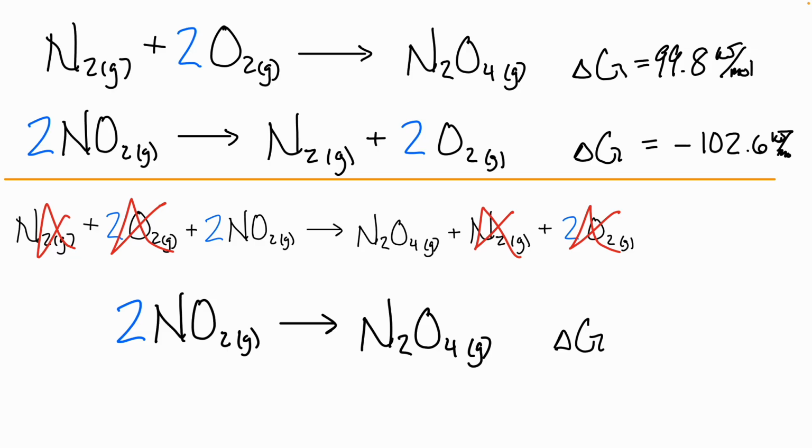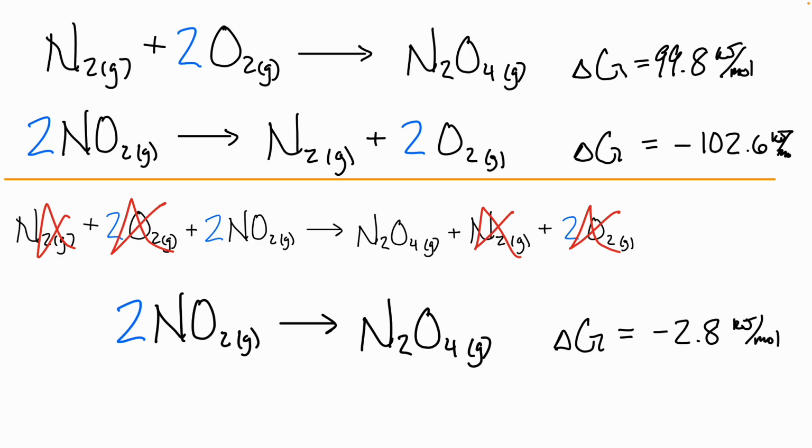And I get a delta G of negative 2.8 kilojoules per mole. So what would we say about this new reaction? Would it be spontaneous or non-spontaneous? Spontaneous, right? Because it's got that negative delta G.